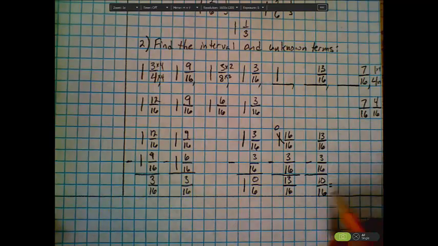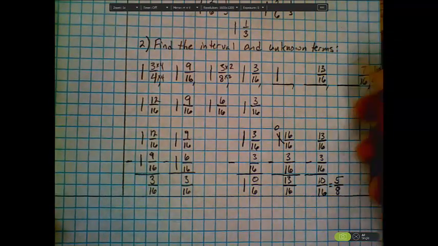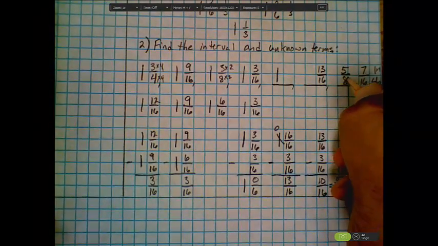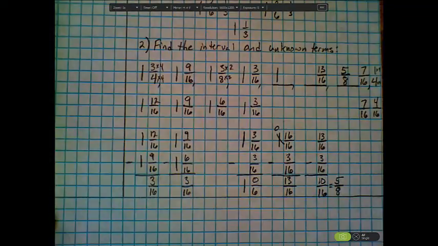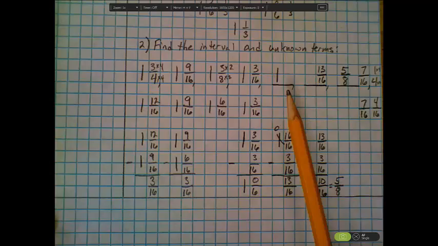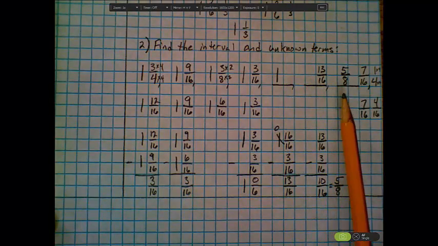We can divide both of these by 2. And so 10 divided by 2 is 5. 16 divided by 2 is 8. And so the simplified answer is 5/8. And so we found the interval, which is subtracting 3/16, and we found the three unknown terms, which are 1, 13/16, and 5/8.